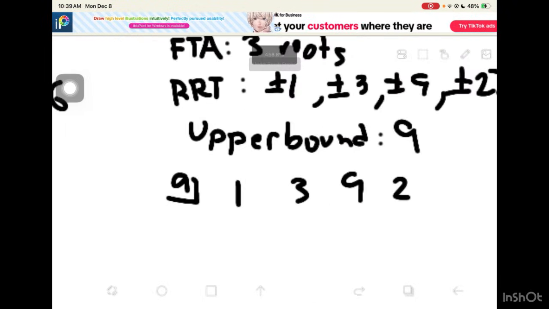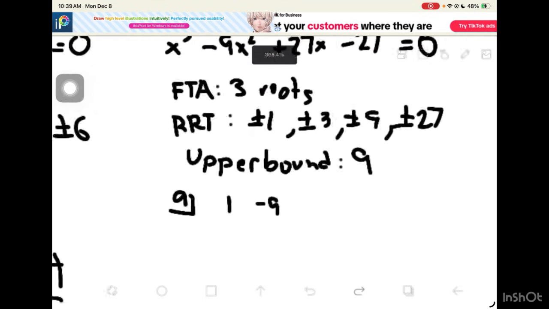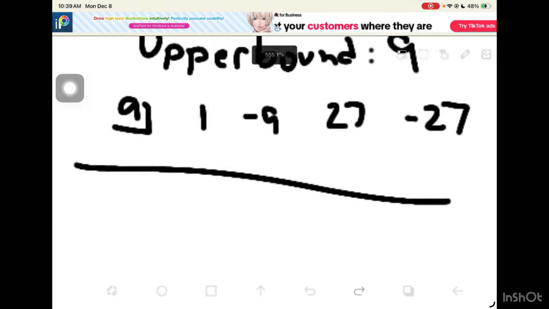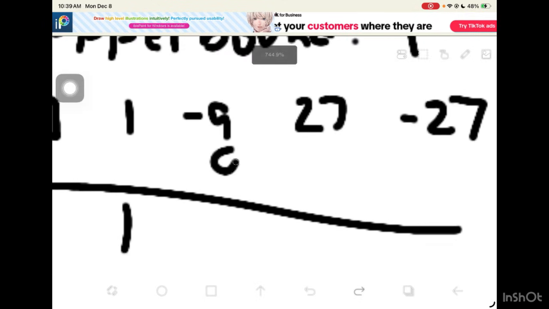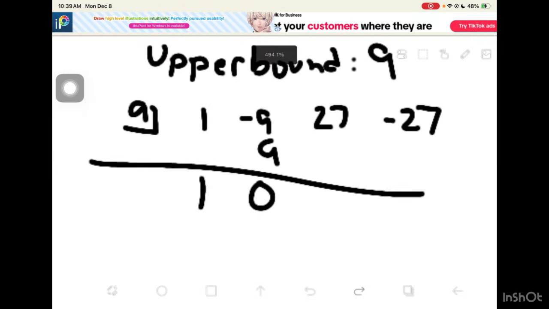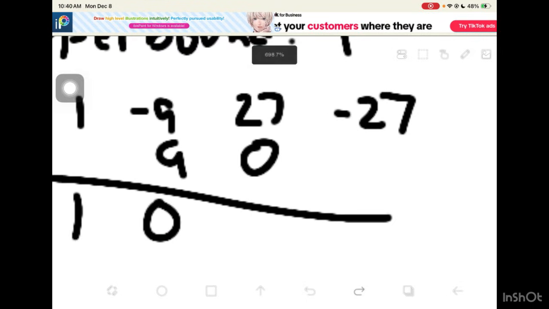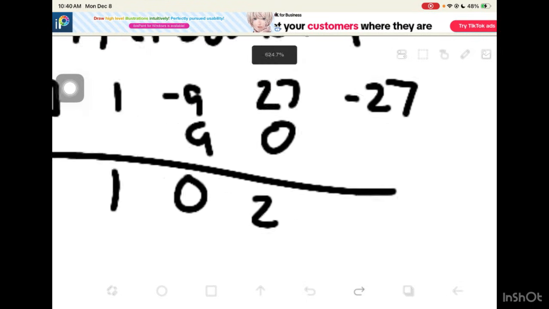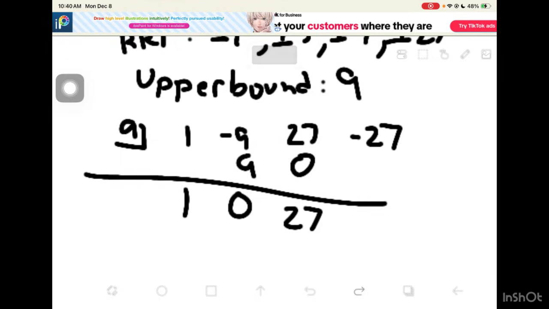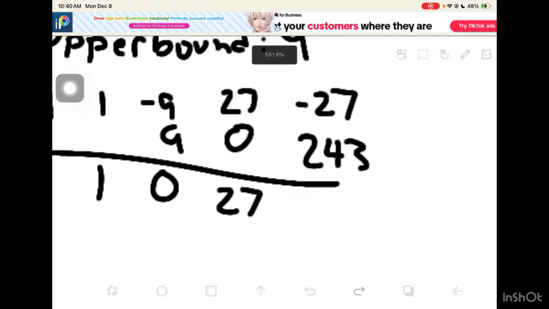This is going to be 1, 3, 9, 27. Oh, what am I doing? Sorry, it's 1, negative 9, 27, negative 27. So 1 times 9 is 9. Negative 9 plus 9 is 0. 0 times 9 is 0. So 27 plus 0 is 27. 27 times 9 is 243.